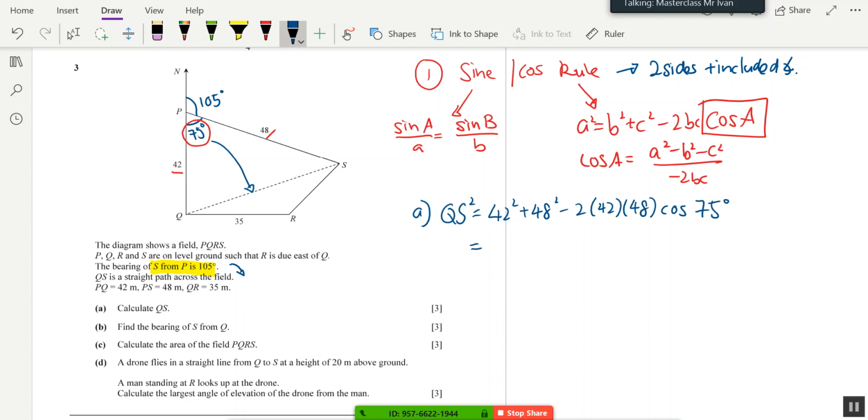Use your calculator to calculate everything.